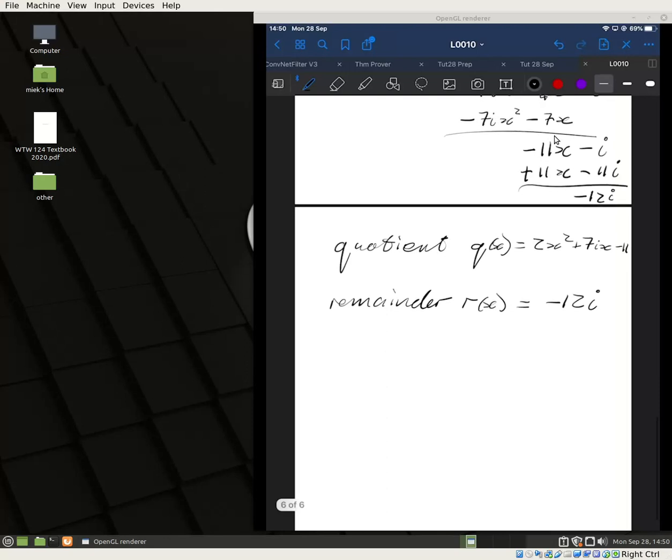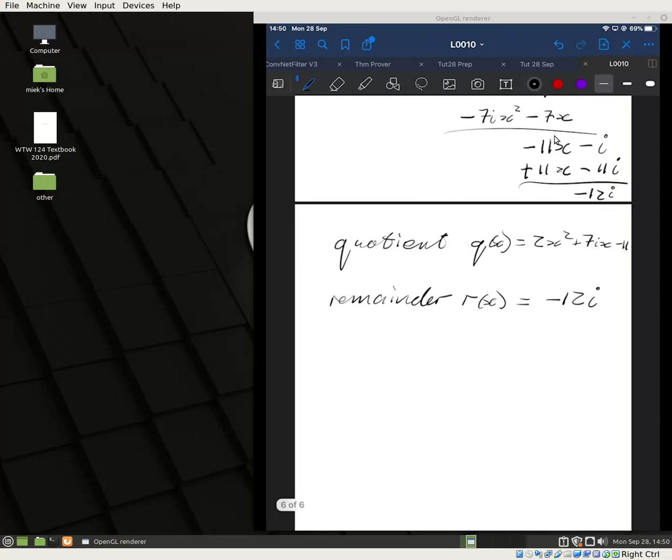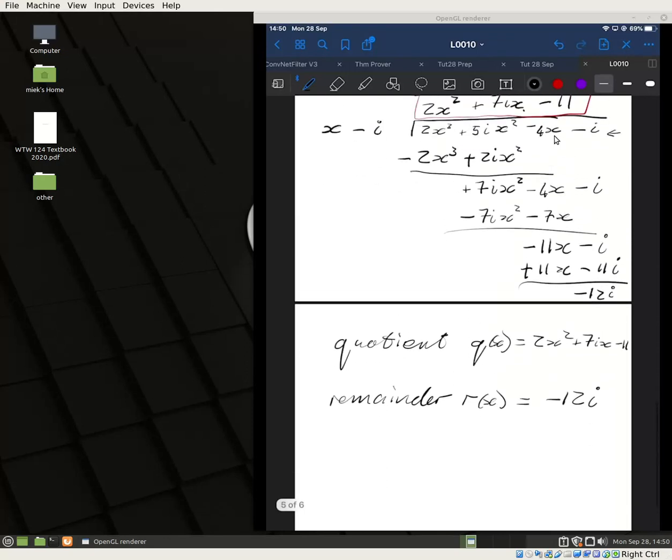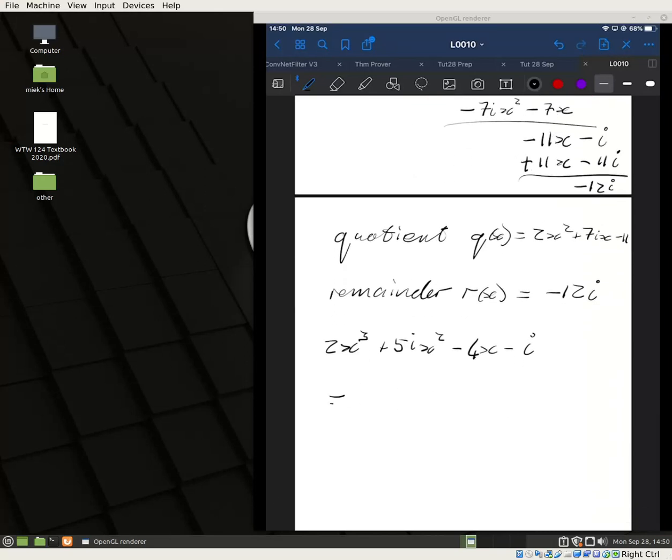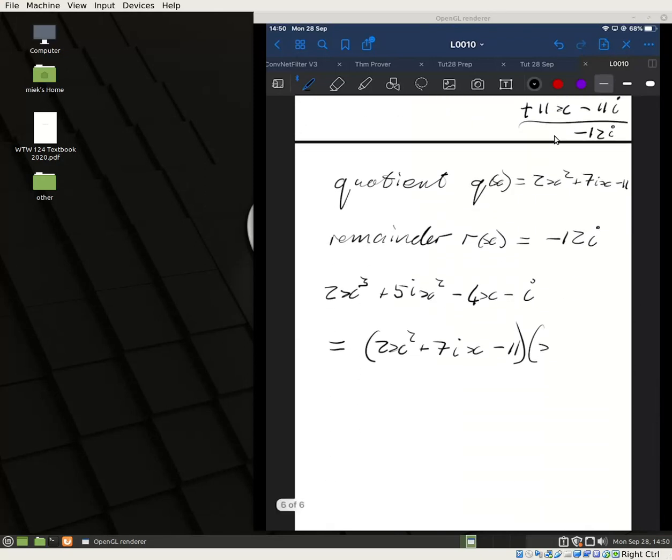And now you can go check that 2x cubed plus 5ix squared minus 4x minus i is actually equal to 2x squared plus 7ix minus 11 multiplied with what we divided by, x minus i, minus 12i.